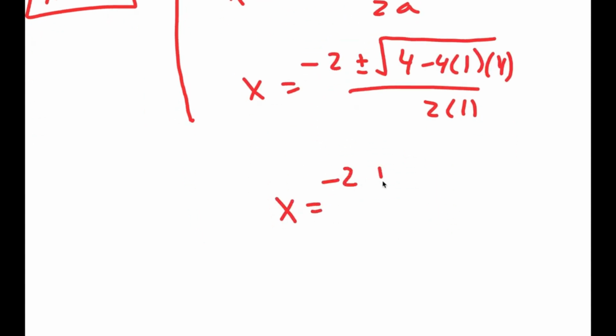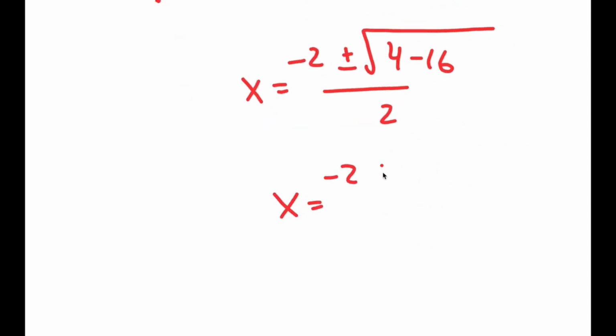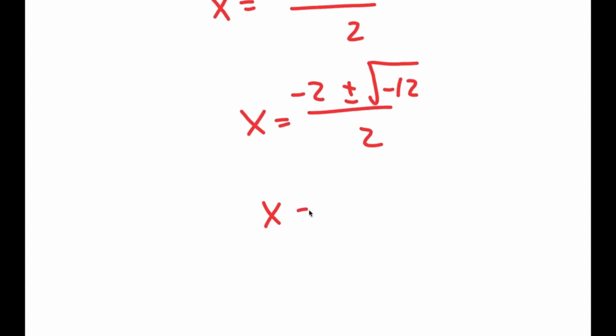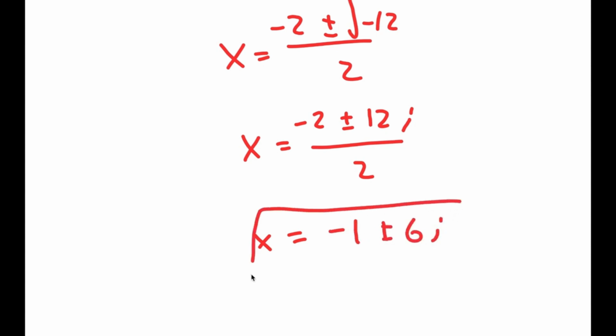And this turns into negative 2 plus or minus the square root of 4 minus 16 over 2, which is equal to negative 2 plus or minus the square root of negative 12 over 2, which is equal to negative 2 plus or minus 12i over 2, which is equal to negative 1 plus or minus 6i. So these are the 2 more solutions to this equation.